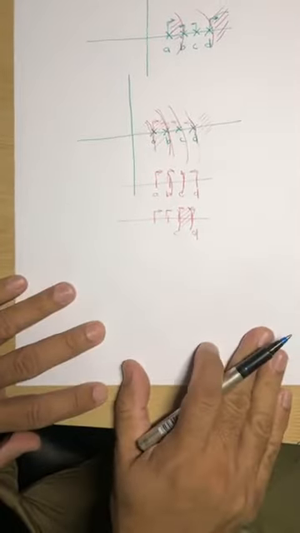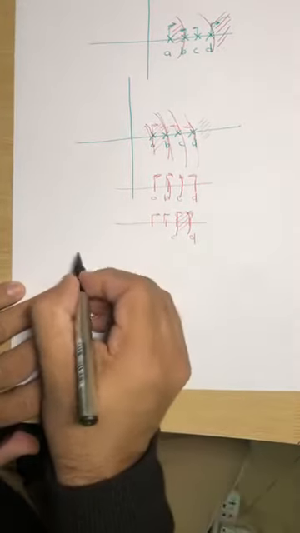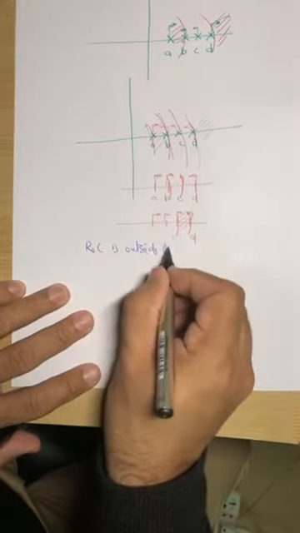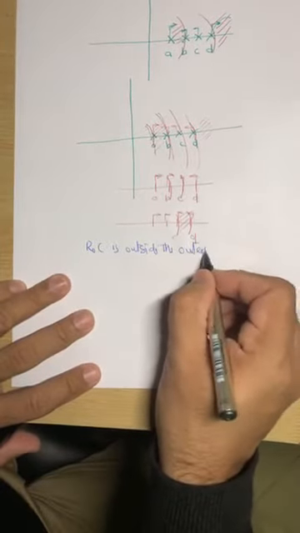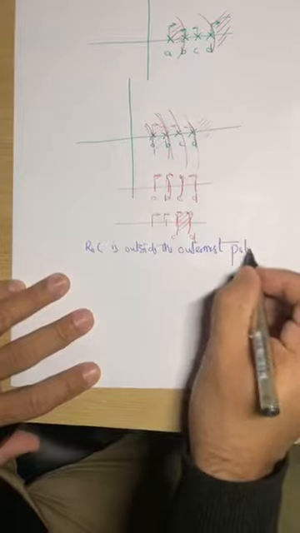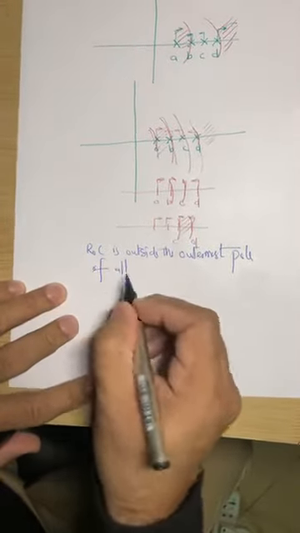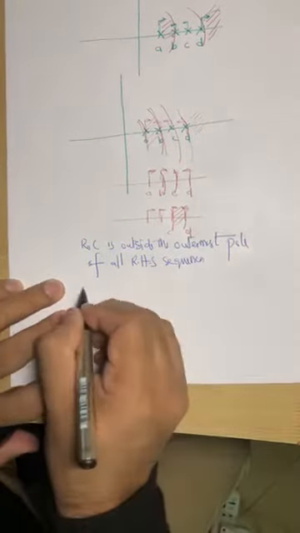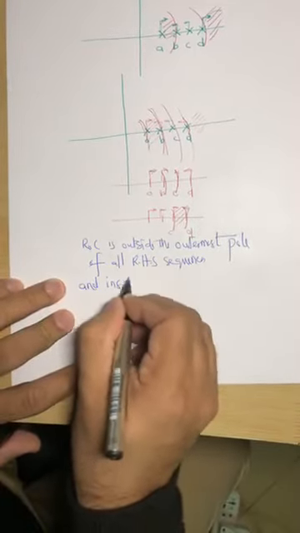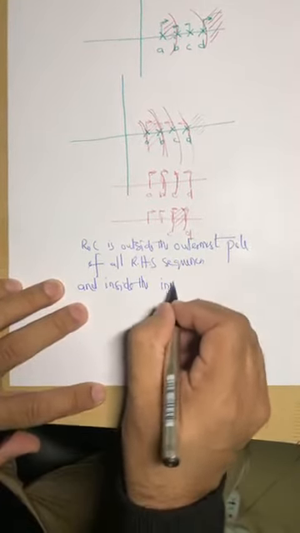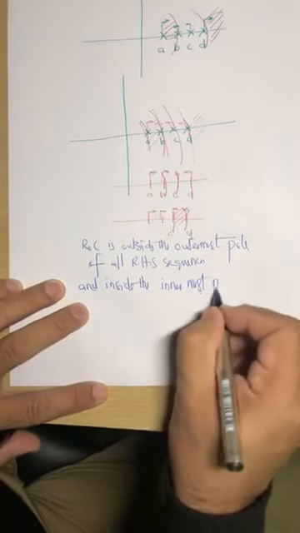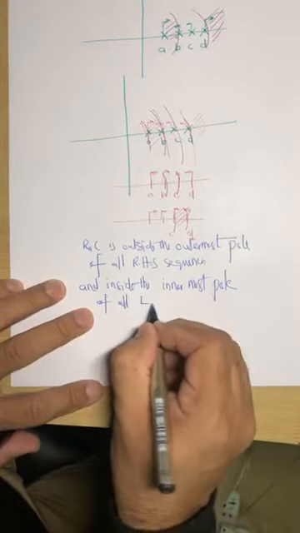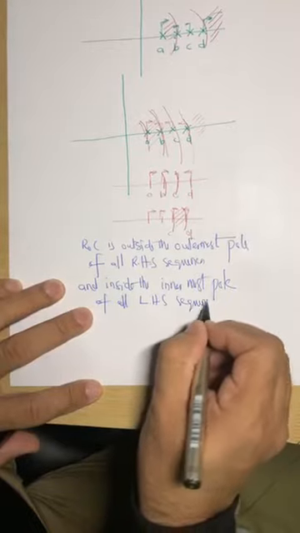So if I conclude this, the region of convergence is outside the outermost pole of all right hand side sequences and inside the innermost pole of all left hand side sequences.